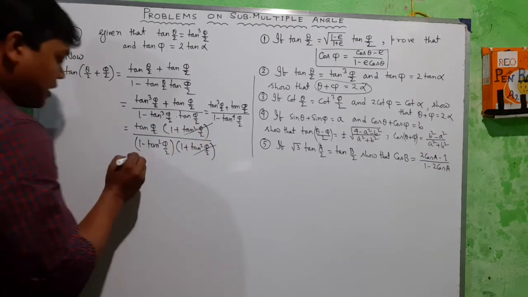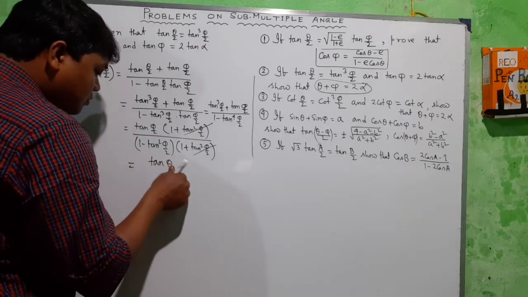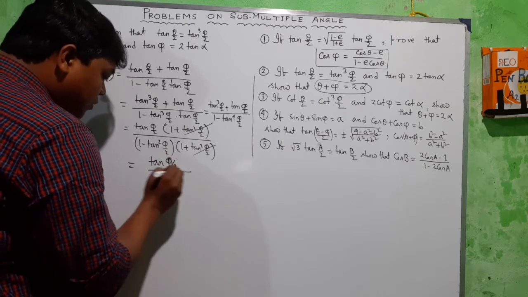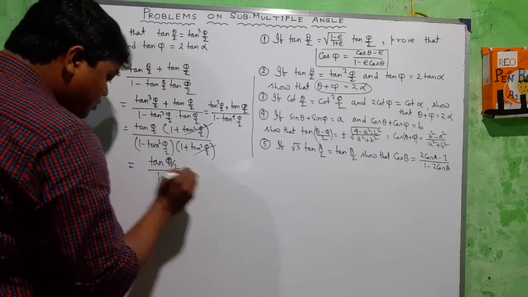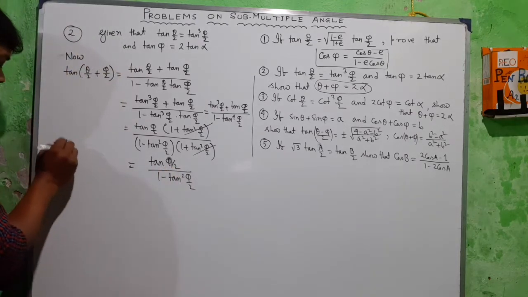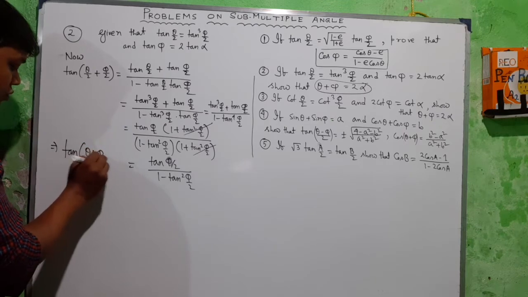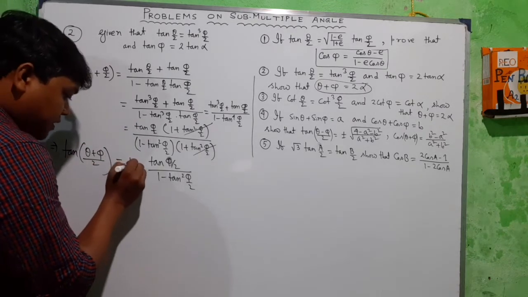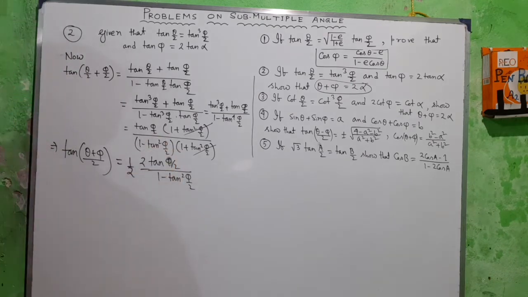So we are getting tan phi by 2 by 1 minus tan square phi by 2, that is tan theta by 2 or theta plus phi by 2 equals this. So we just insert half and 2, so 2 tan phi by 2 by 1 minus tan square phi by 2.